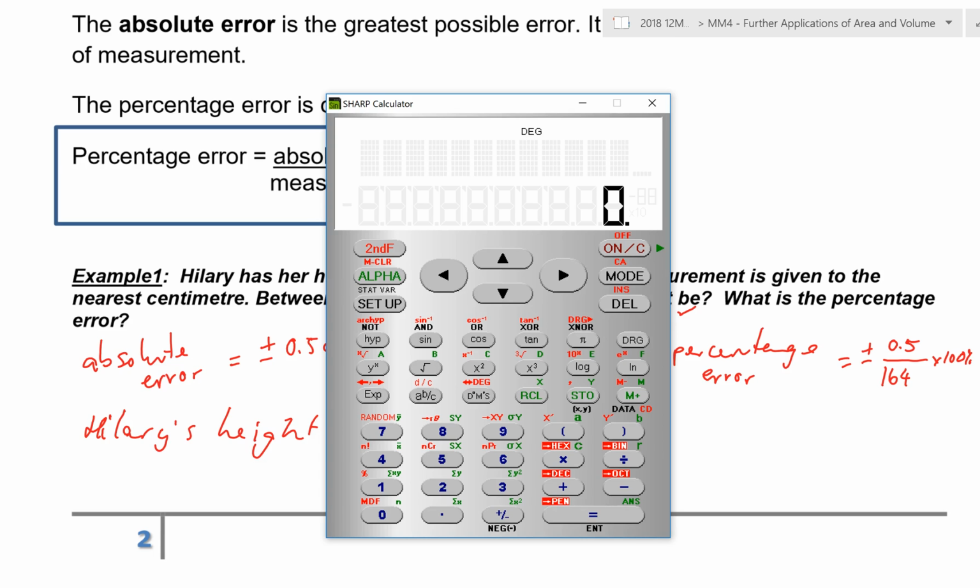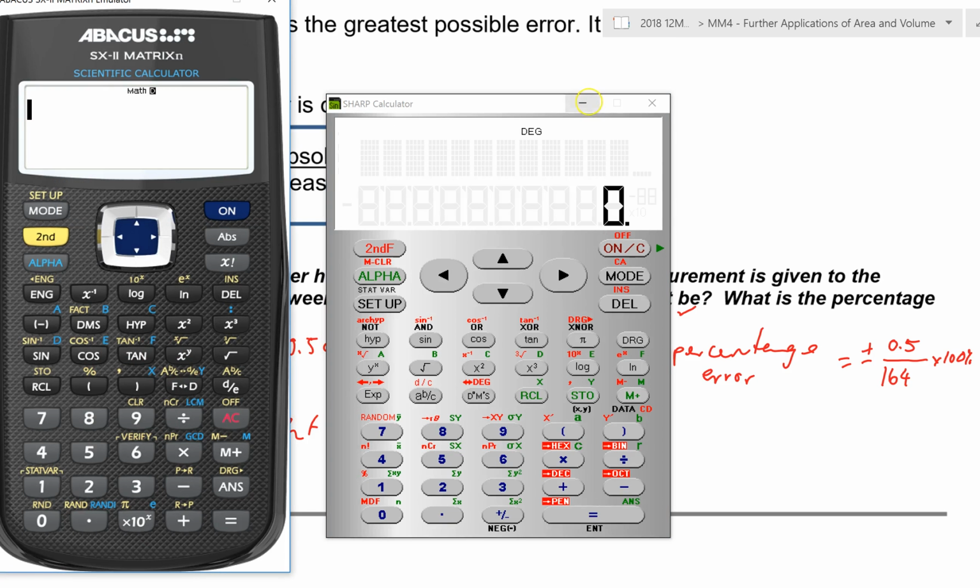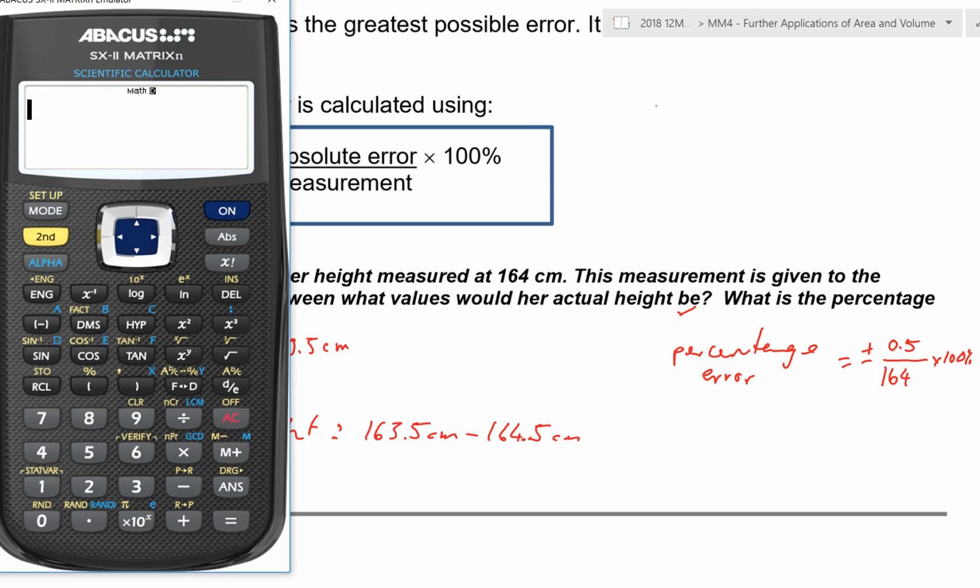Let's use this calculator. I'm not going to put in the plus or minus, and in fact, I'm not going to put the percentage on either. I'm going to type it in like this. Watch: 0.5. I don't like using the fraction button, I prefer divided by 164, equals. Now, that's this part done. I'll multiply it by 100 to express it as a percentage.